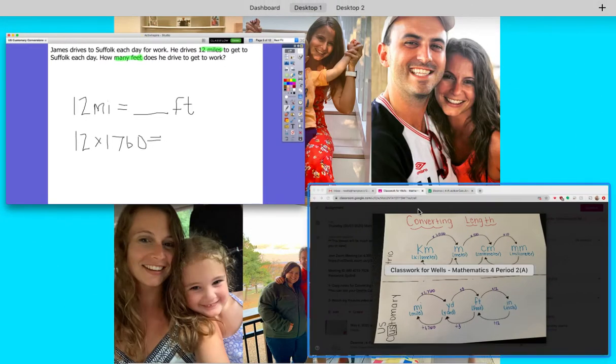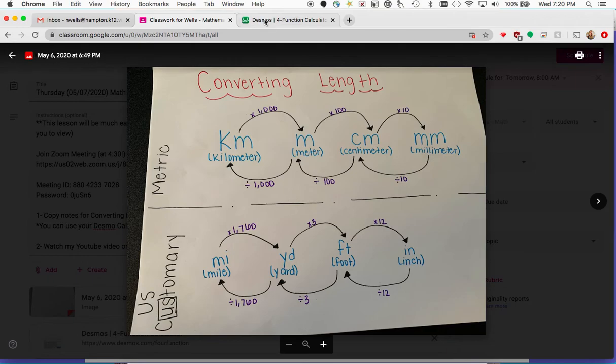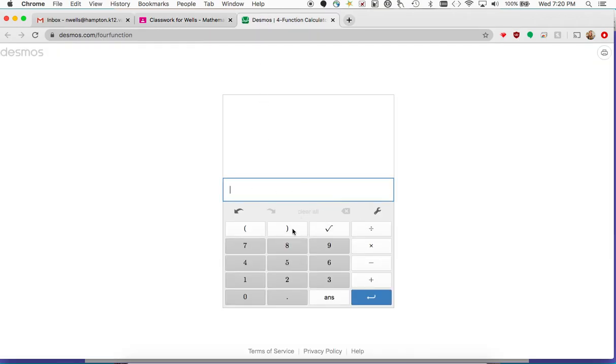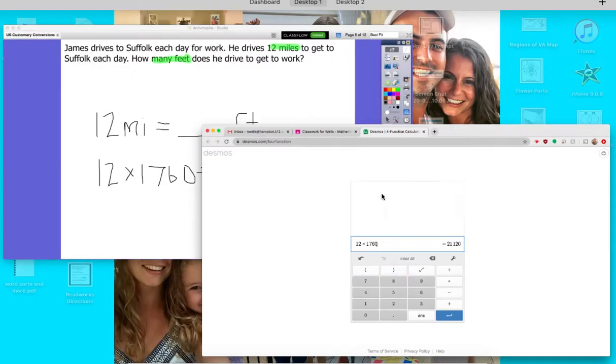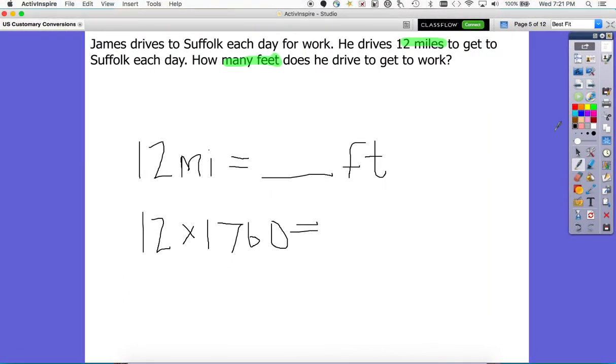I'm going to just use my Desmos. 12 times 1,760 is 21,120.